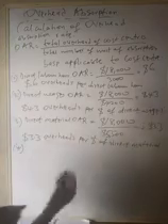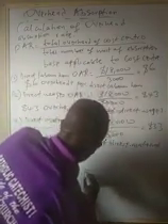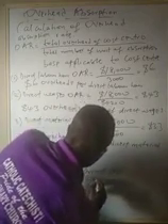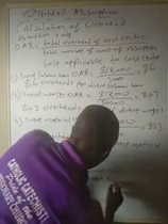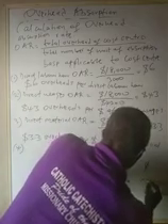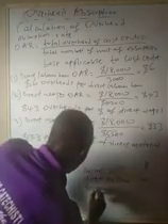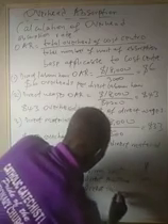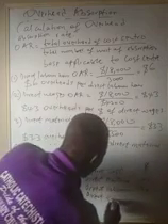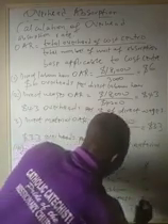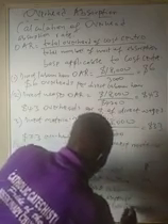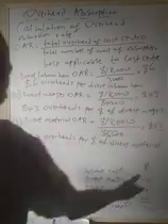Prime cost is the addition of direct material, direct labor, and direct expenses. You sum it up to arrive at your prime cost.